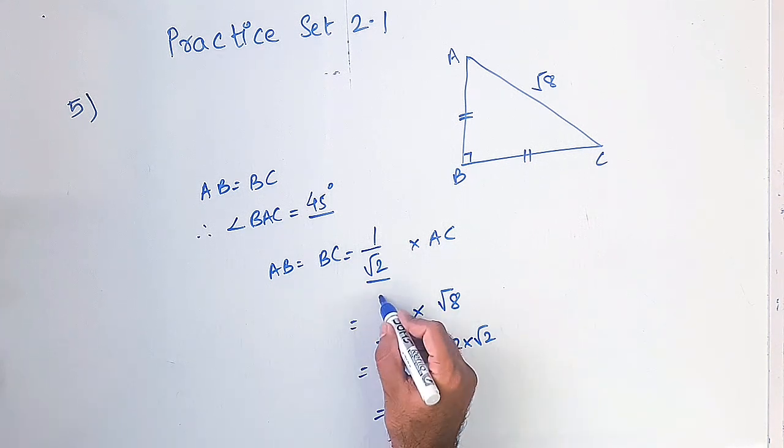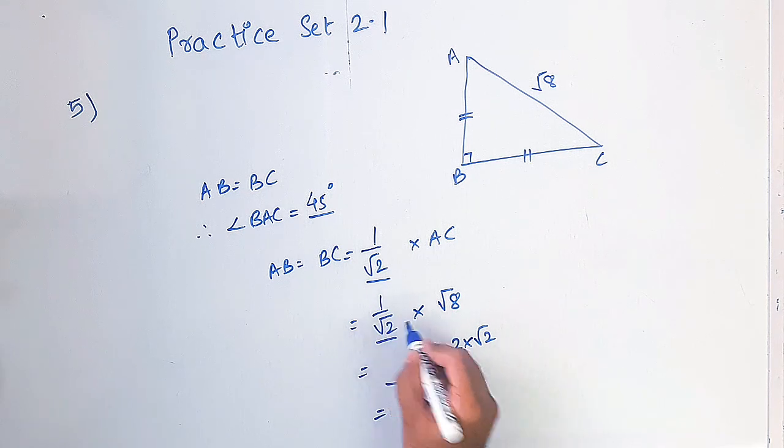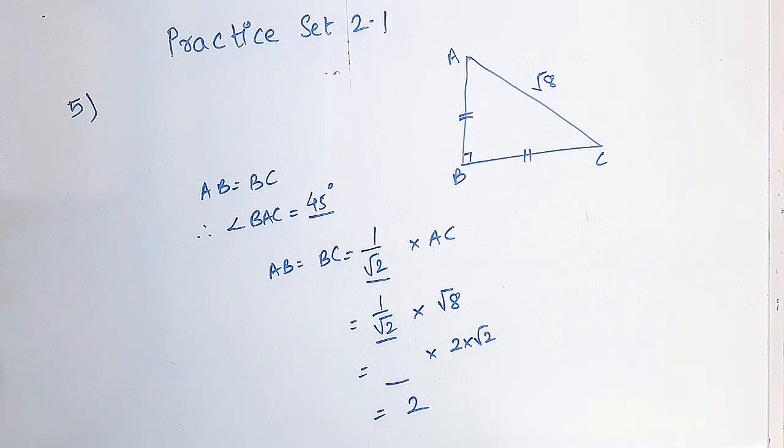Again I'll write here 1 upon root 2 times root 8. Again I'll write here 1 upon root 2 times 2 root 2. And I'll cancel this also. Root 2 and root 2 will get cancelled. So what remains? 2 into 1. So this is your answer, which they have already given.